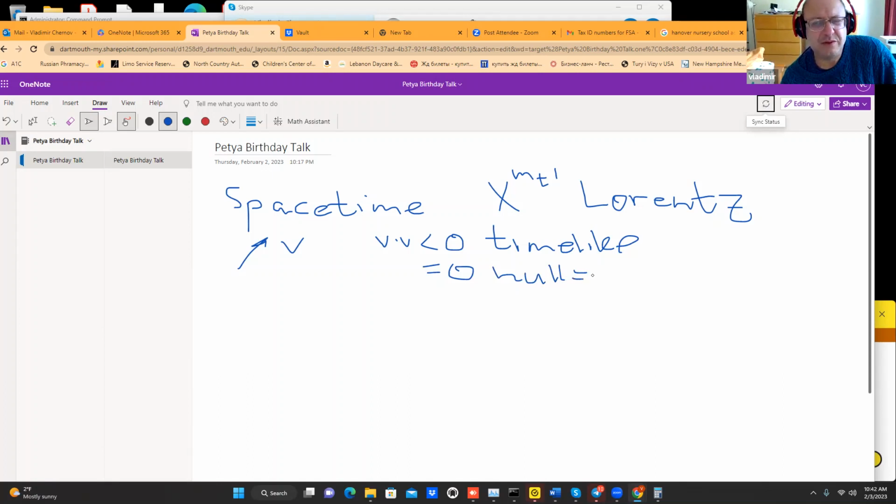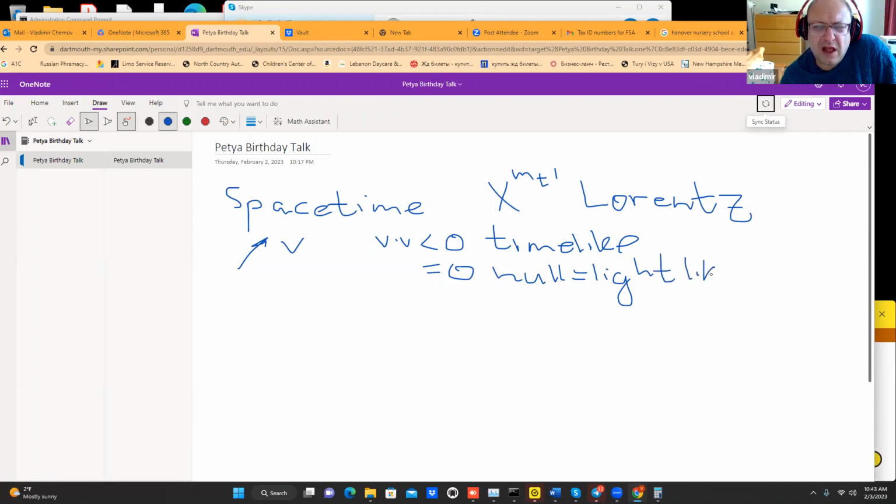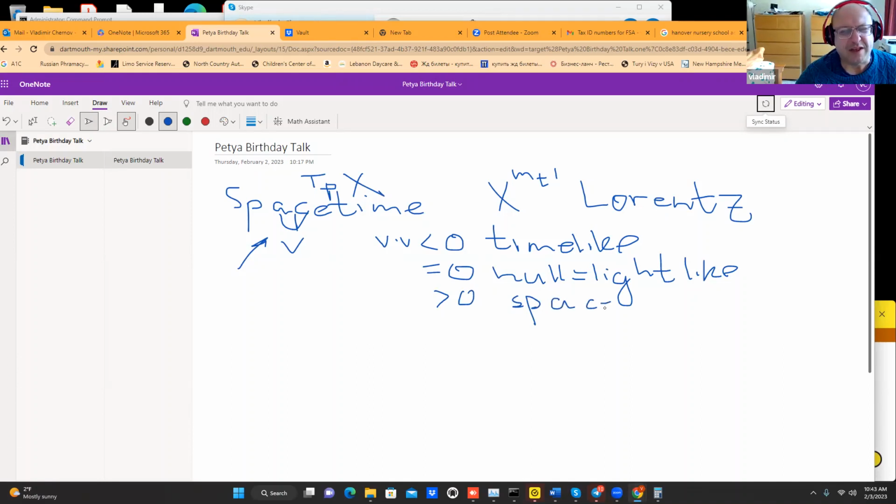Elements of the tangent space to x? Tangent space to x, yes. So v is in T_P X. And there are vectors whose dot product with themselves is positive. These are space-like vectors, and they represent movement with a speed greater than the speed of light. So very romantic, but physically impossible.